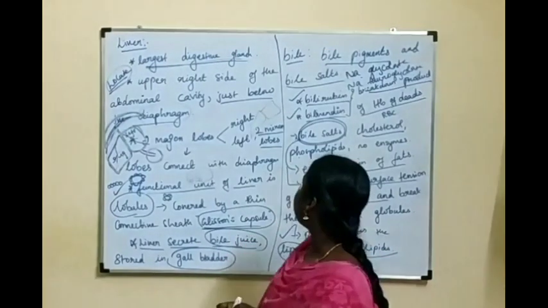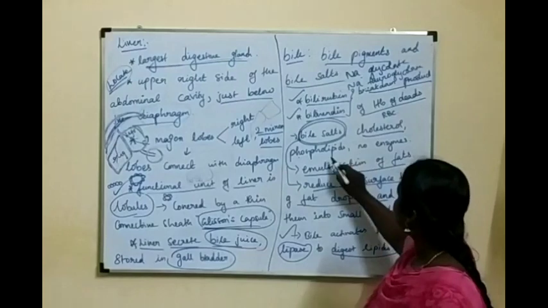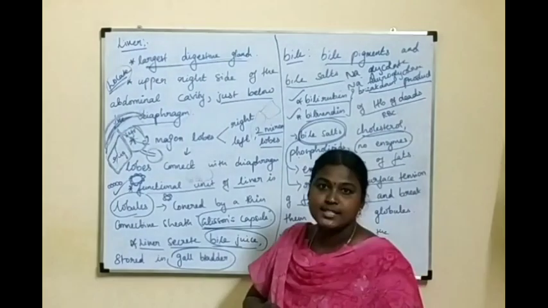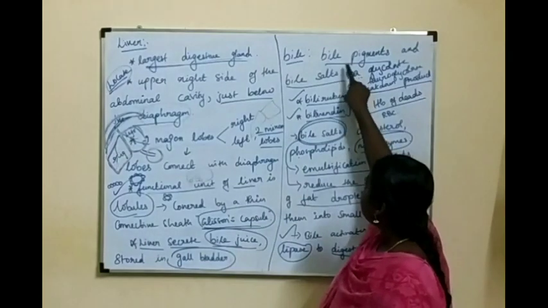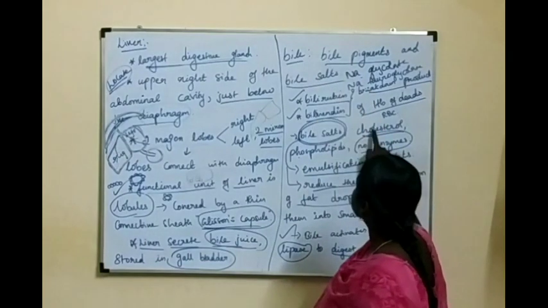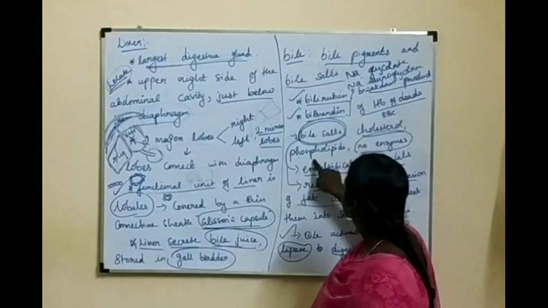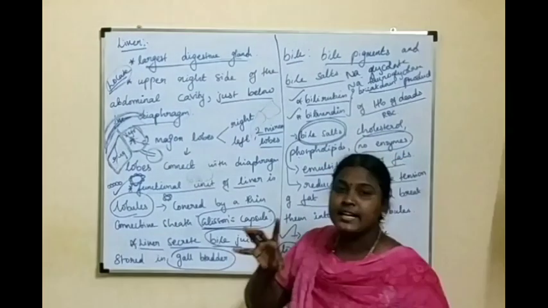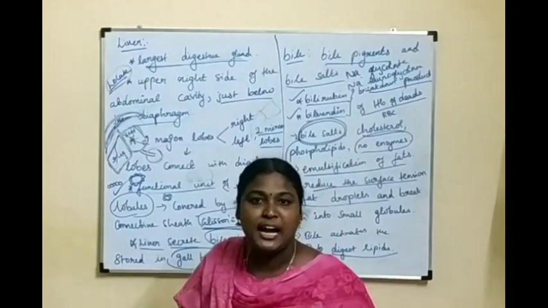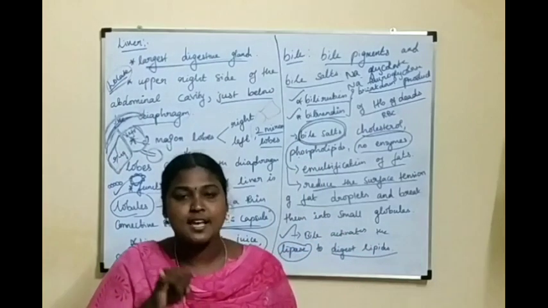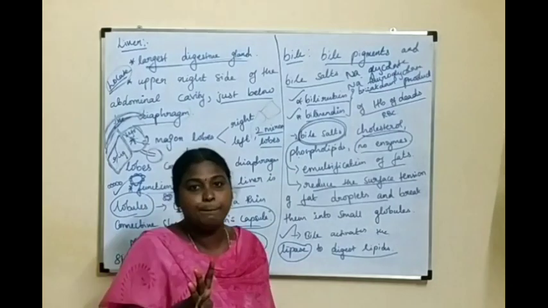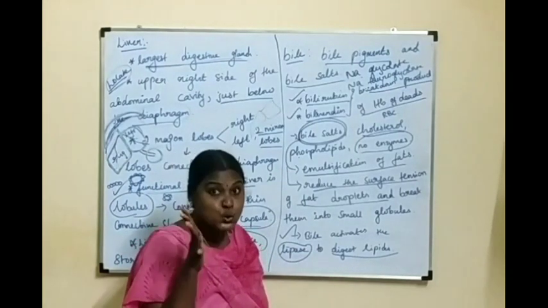Next, அதுல என்னென்னலாம் இருக்கு அப்படின்னா cholesterol, phospholipids but no enzymes. Can you understand? What are the contents present inside the bile juice? Bile salts, bile pigments, cholesterol, phospholipids, and there are no enzymes.